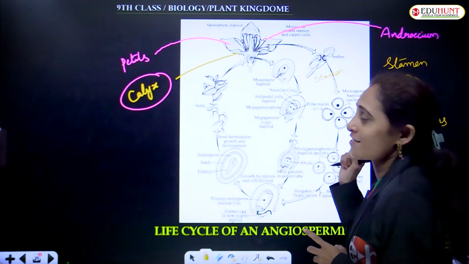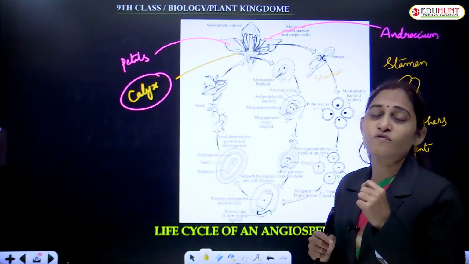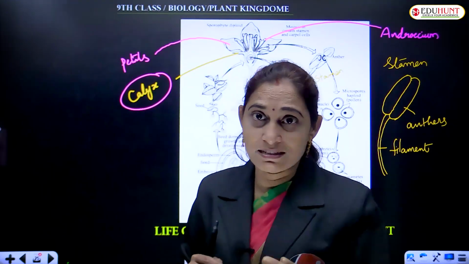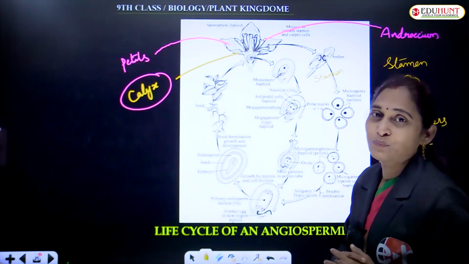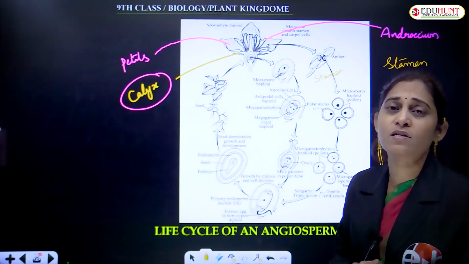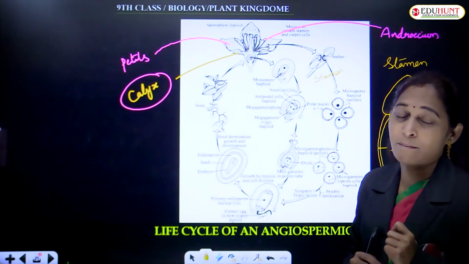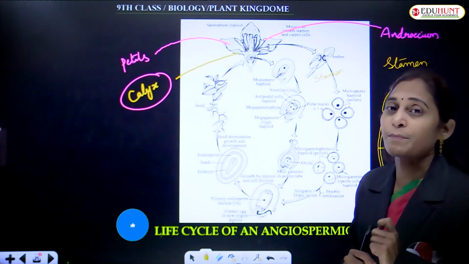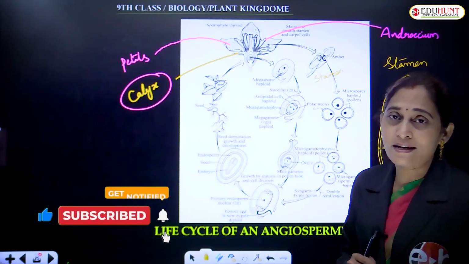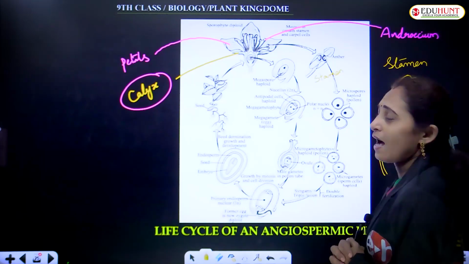Though these are essential organs, the part exclusively meant for production of male gametes, the pollen grains, the sex cells, is the anther. These are the male reproductive organs and they produce the male sex cells, the pollen grains or the male gametophytes.